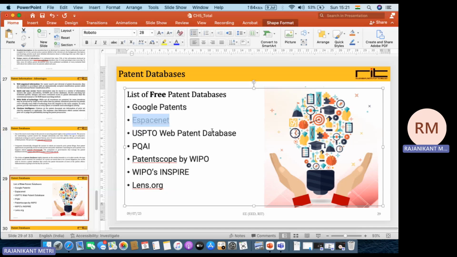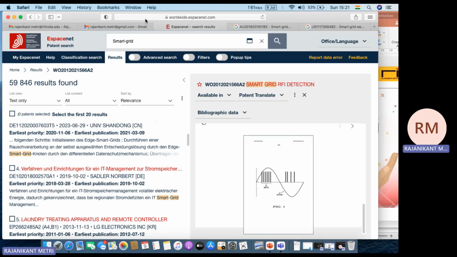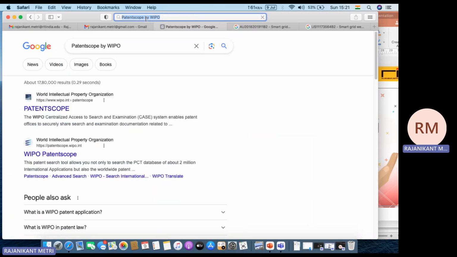Then the USPTO Web Patent Database, PQAI, and PatentScope by WIPO, the World Intellectual Property Organization's PatentScope.